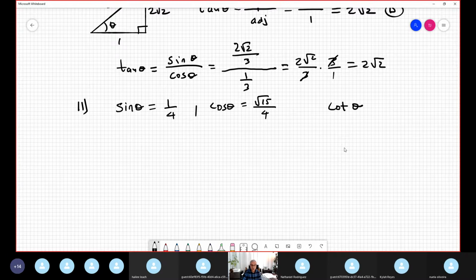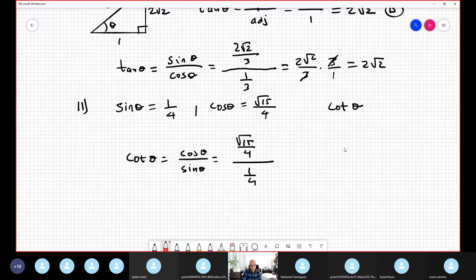So you use the identity for cotangent, which is the reciprocal: cosine on the top and sine on the bottom, just a division. Cosine is radical 15 over 4 divided by 1 over 4. One shortcut is to cancel out that 4, and the answer is radical 15. End of story. Option A.